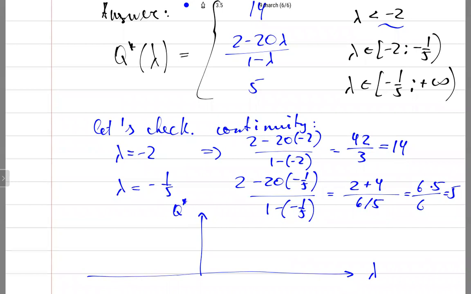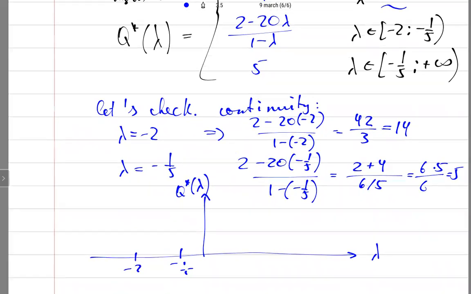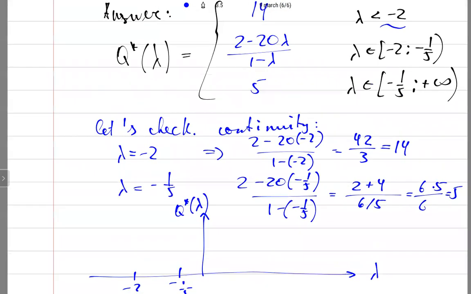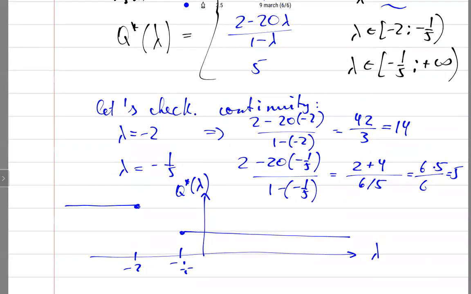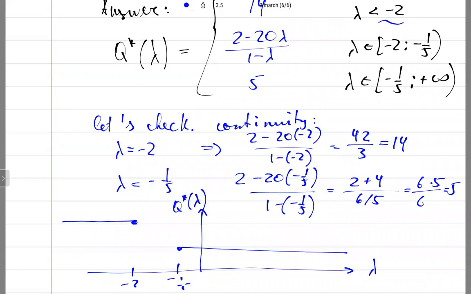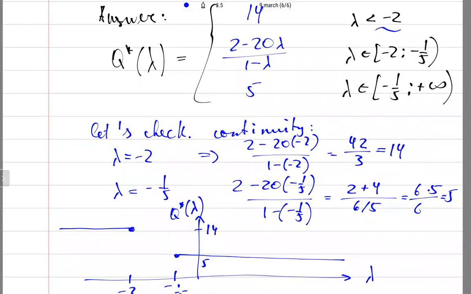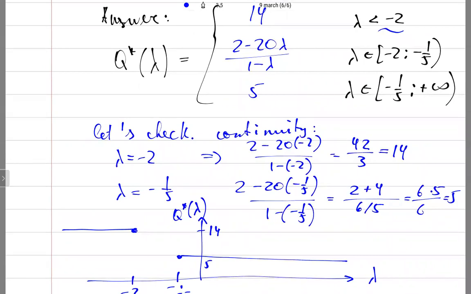This is the optimal value that depends on lambda, and it is -2, minus 1/5. It is 14, 5, and then it goes like that.